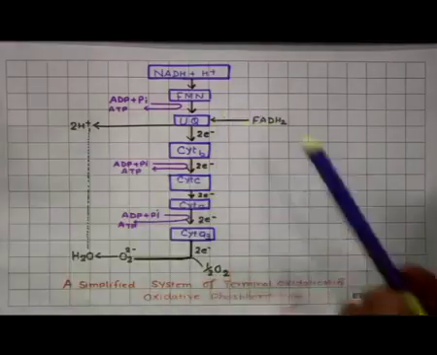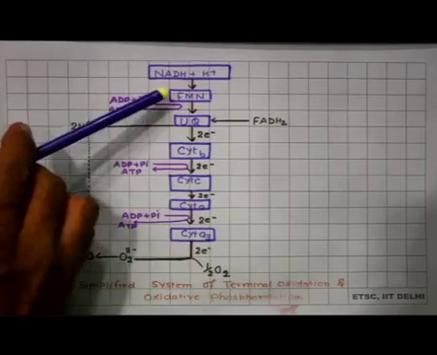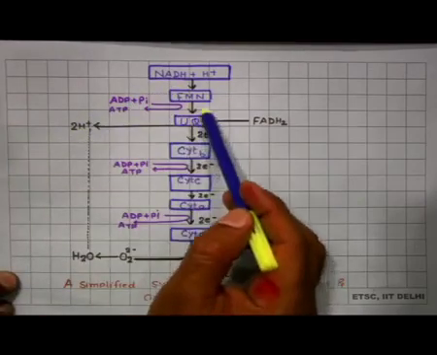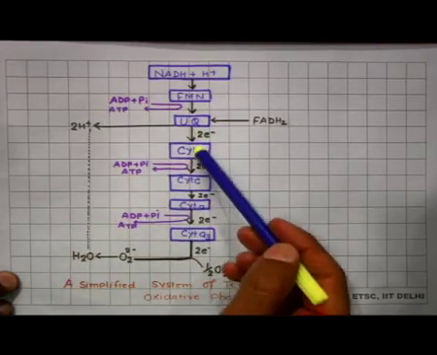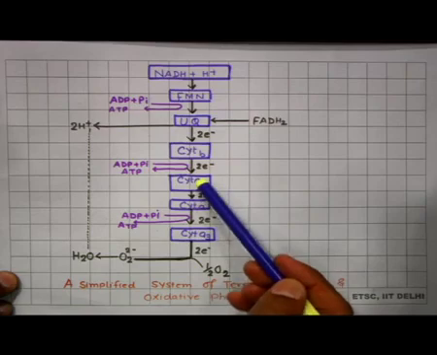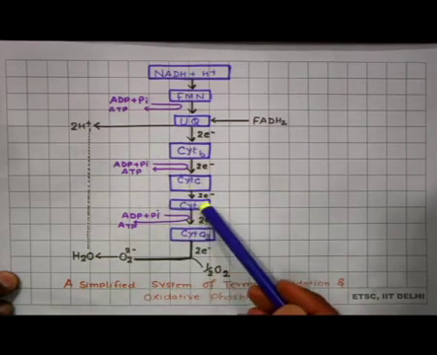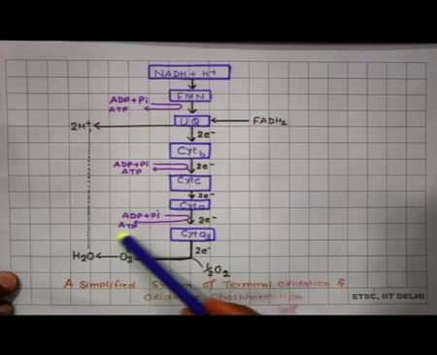So, we can summarize the ATP formation. First ATP is formed when the electron is transferred from FMN to ubiquinone, 1 ATP formed here. From cytochrome B to cytochrome C, 1 ATP is formed here. Then when the electron is transferred from cytochrome A to cytochrome A3, 1 ATP is formed.